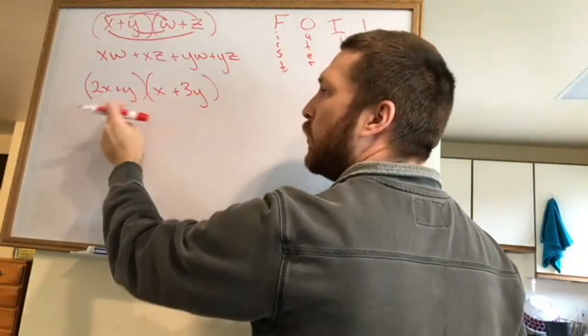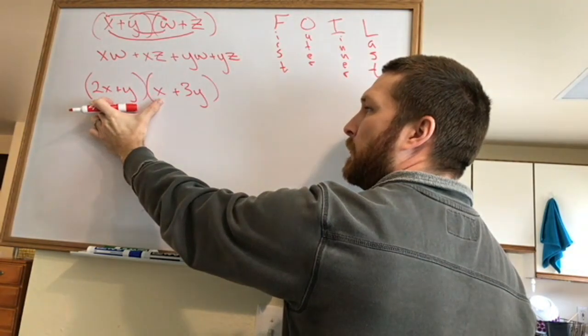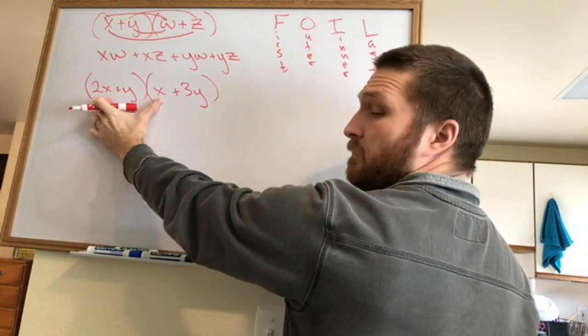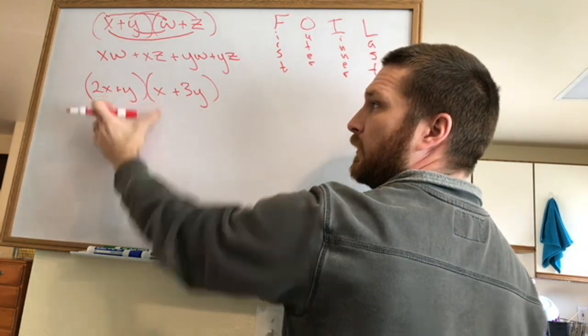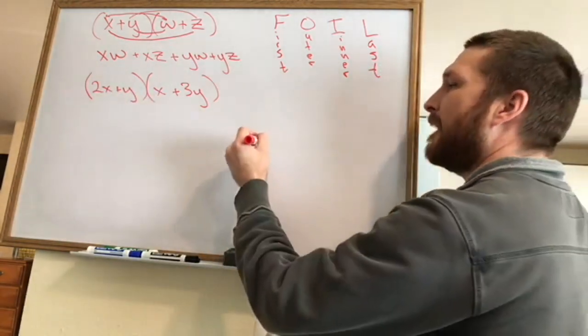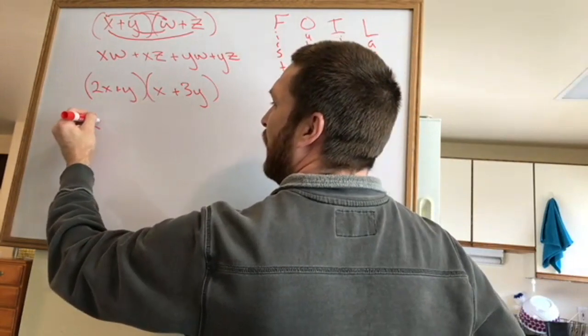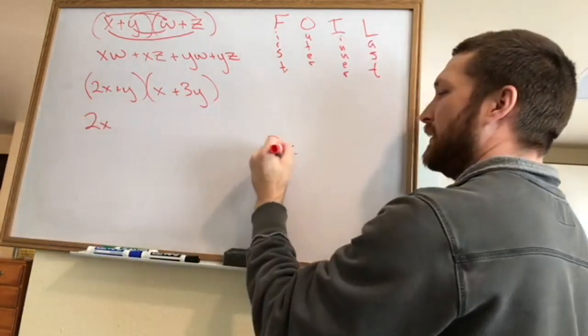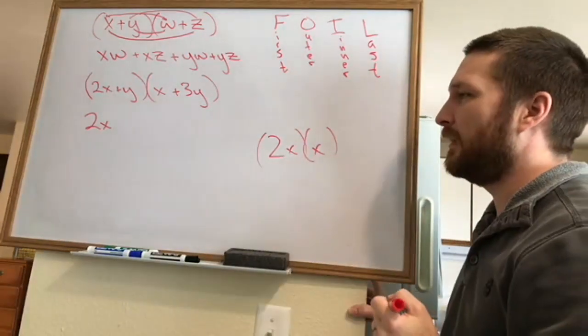first gives me what? What's that times that? Hold on. Say again? 3x. Wait a minute. What is that times that? Oh, 2x times x. So we write that as what? 2x times x is how many x's altogether?